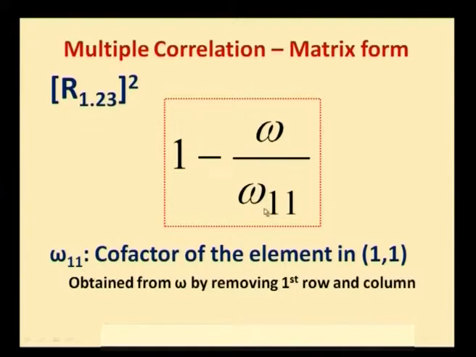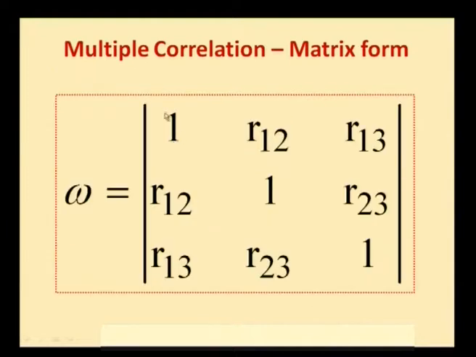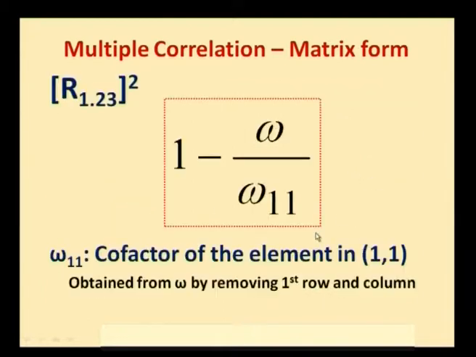From that you can derive a submatrix whose determinant can be calculated, what we generally call the cofactor of the given element. Easily we could understand we are calculating it for 1 1, first row first column. So, what it means is: take the first row first column element, remove row 1 and remove column 1, and the rest you will get obviously is a 2 by 2. Calculate its determinant, which we call omega 1 1.